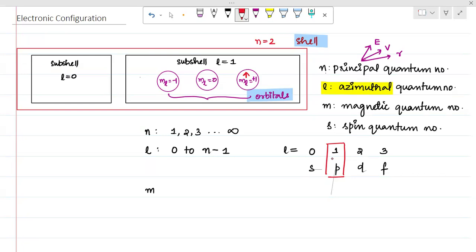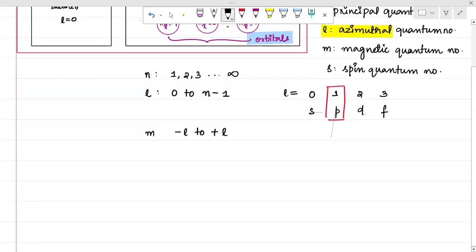Then the M values correspond to minus L to plus L, whatever the value of L is. And if L is equal to 1, the values of M are minus 1, 0, plus 1. These correspond to Px, Py, Pz.